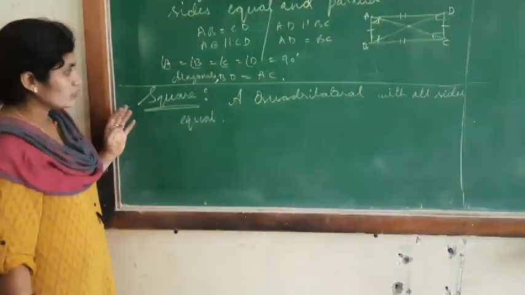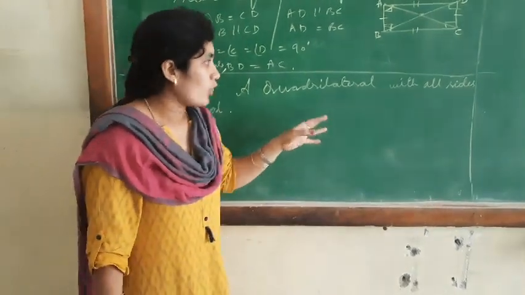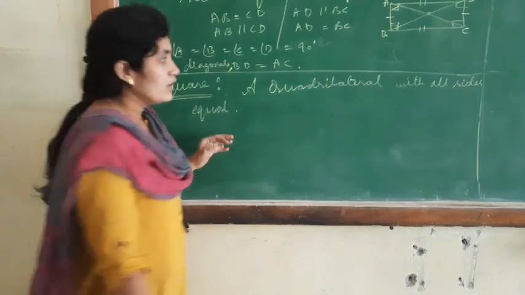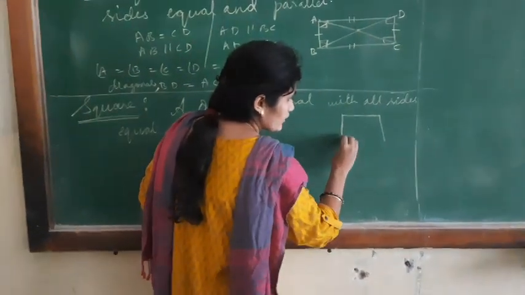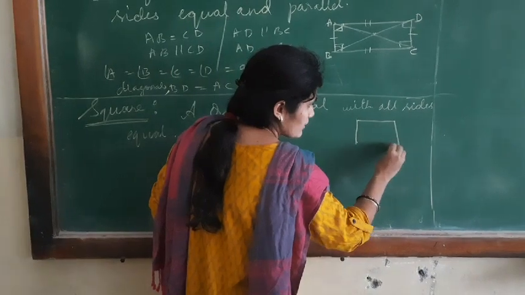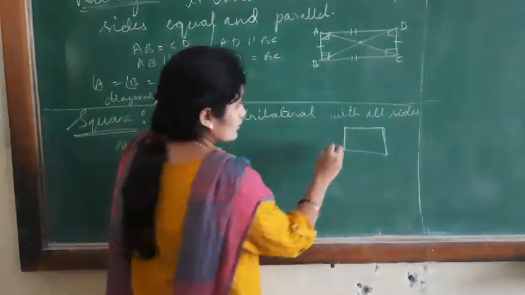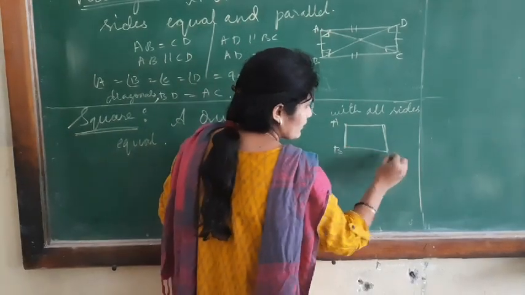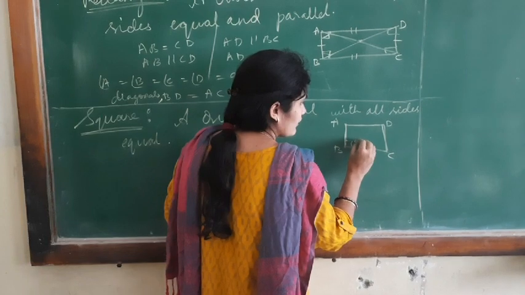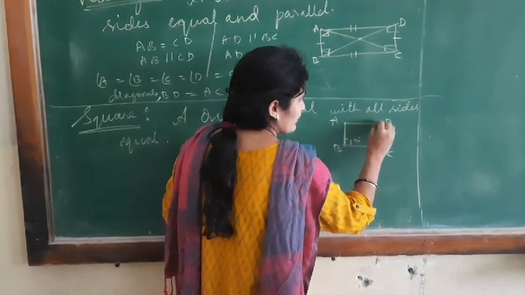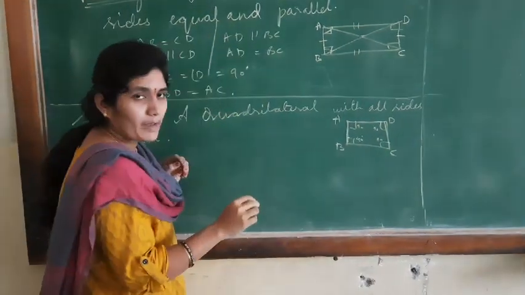Now let us move on to the next quadrilateral, which is a square. A quadrilateral with all sides equal. This is a simple quadrilateral, we all know, and we are learning this from our lower classes. This is a four-sided polygon. A square A, B, C, D. Here all angles are 90 degrees.